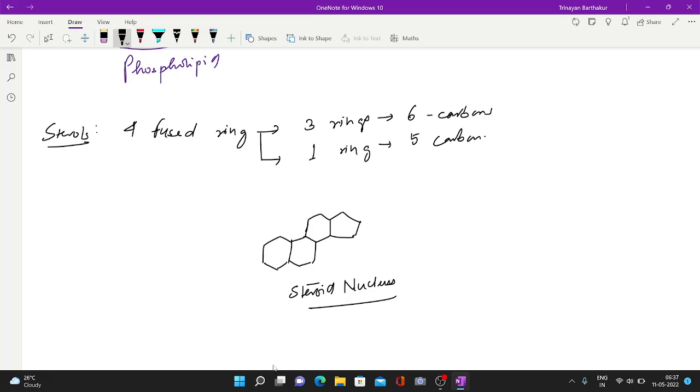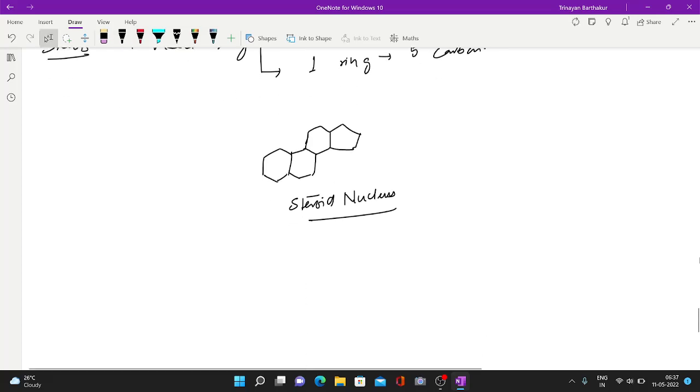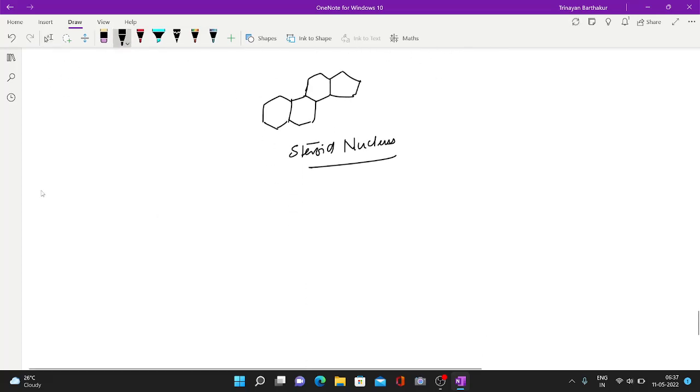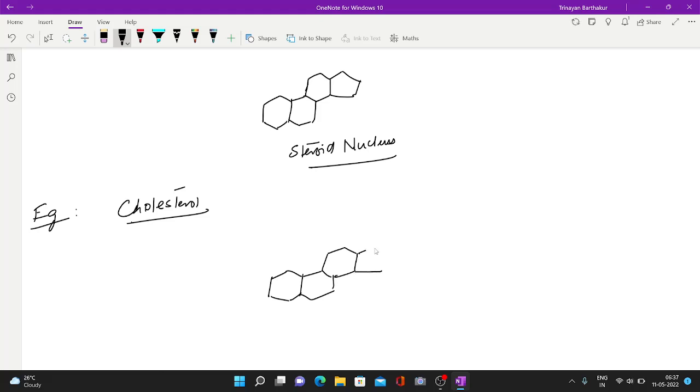Now one such example of a steroid is cholesterol. It is also given in your NCERT. Just like any steroid, cholesterol is also going to have four fused rings this way. Apart from this, there are certain add-ons.